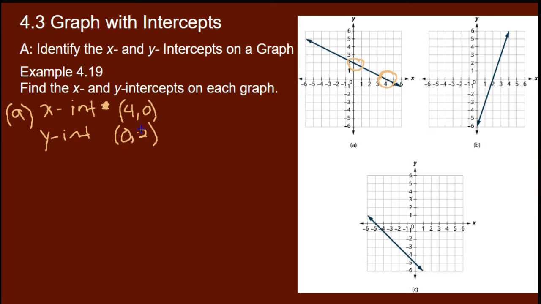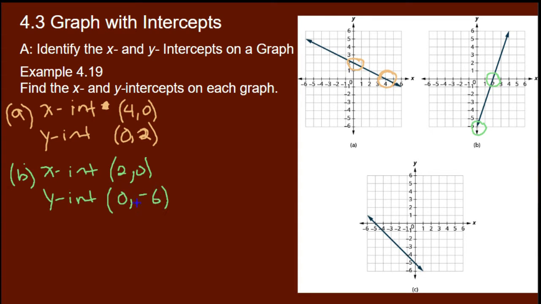Anytime you're listing both intercepts for one line, one of them should have y as the 0, and one of them should have x as the 0. Okay, let's look at figure B. In figure B, the x-intercept is at (2, 0), and the y-intercept is at -6, so it would be (0, -6).